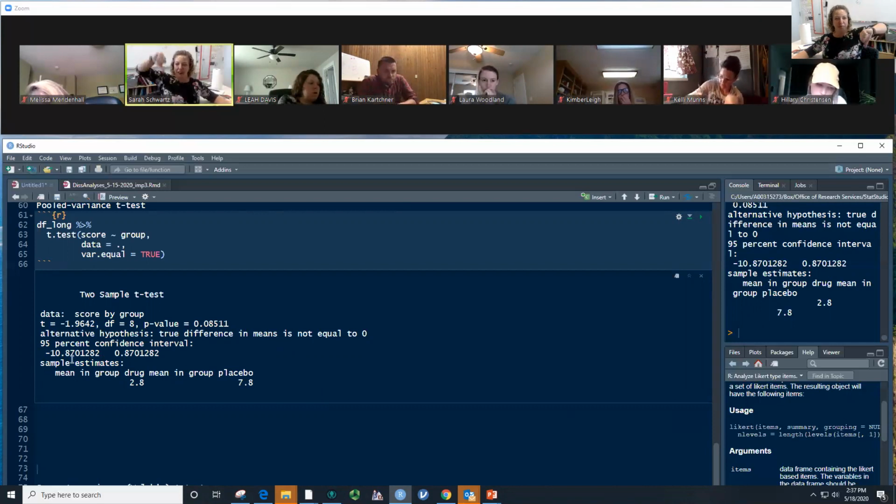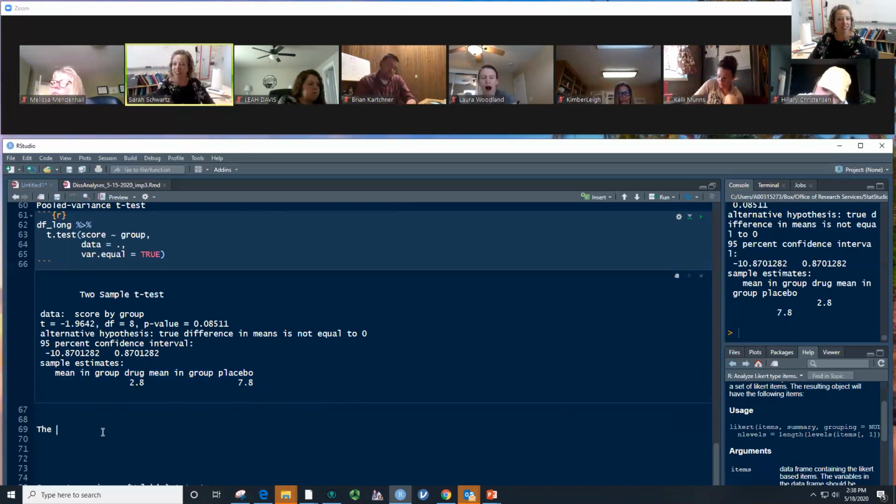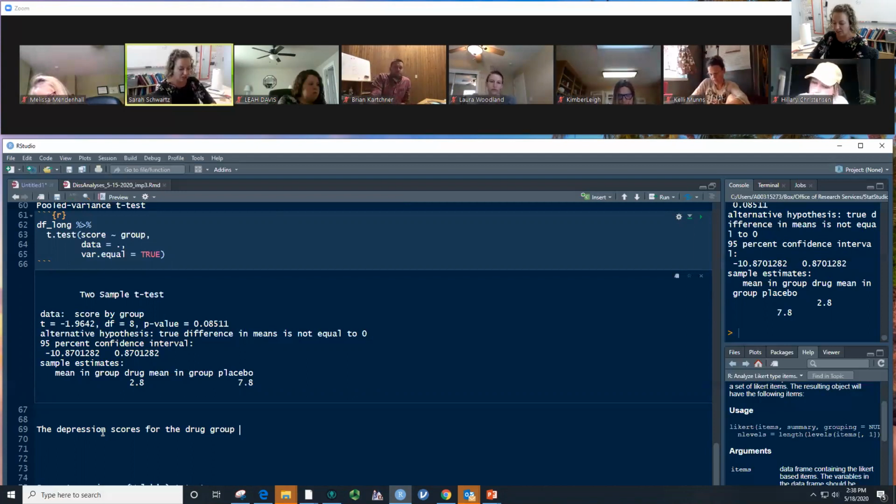Now, if we start at the bottom of the output, it actually works better. So at the bottom, it tells us the group averages. So we can say the depression scores for the drug group, and I could say mean equals 2.8, were lower than the scores in the placebo group.